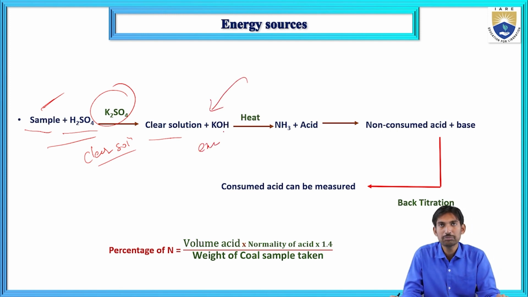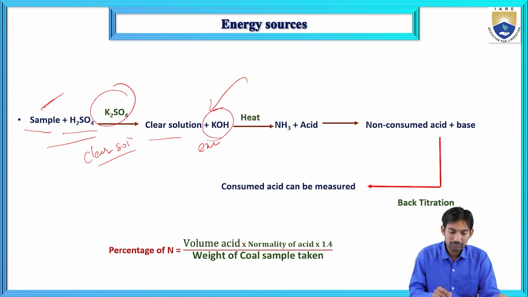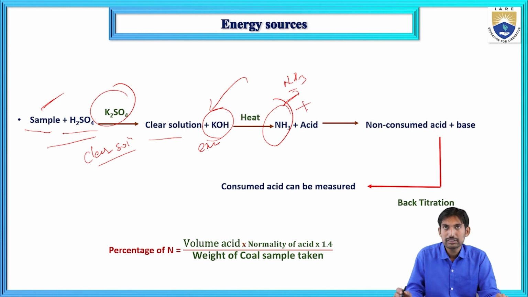The clear solution obtained is heated with potassium hydroxide solution, and it forms ammonia, a gas. Then this evolved ammonia is treated with a standard, known volume of acid.